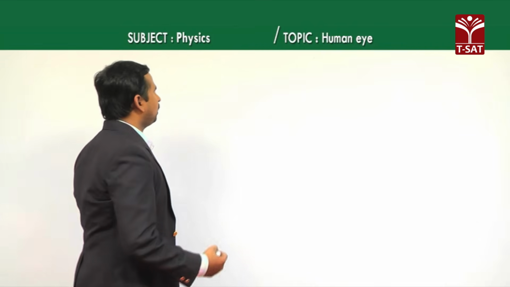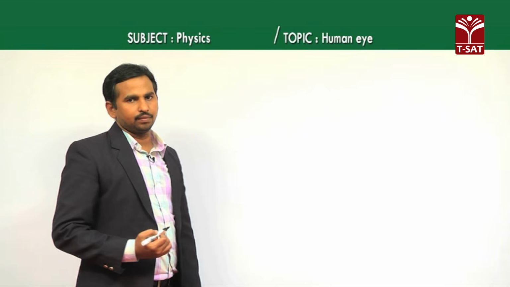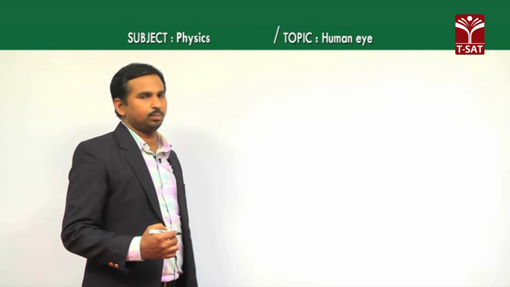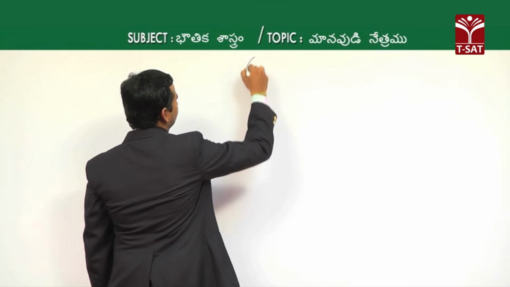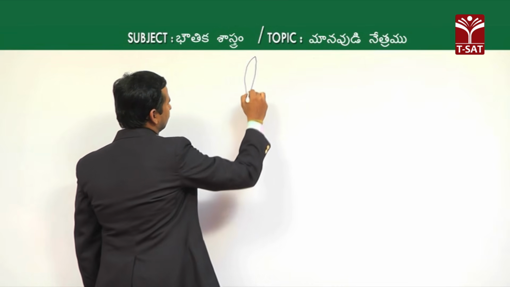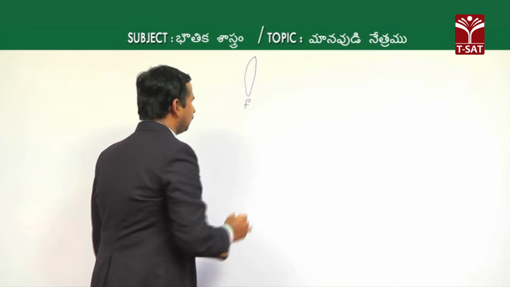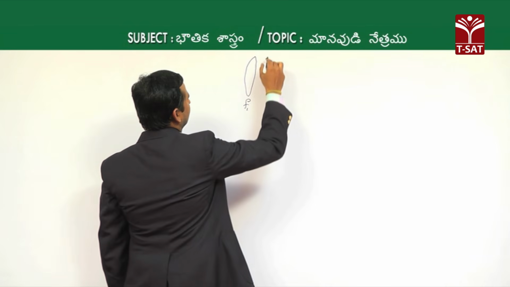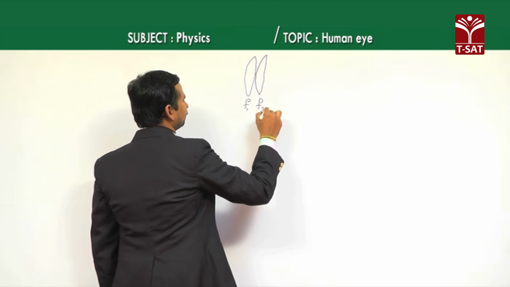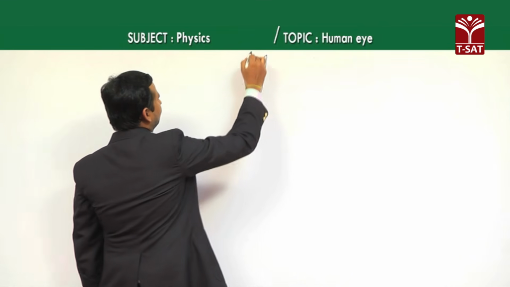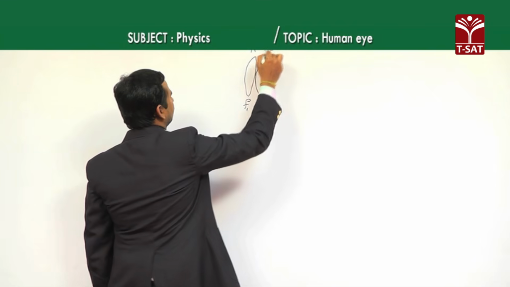Now, another important one about the power is when you are using two lenses at the same time. Let us suppose you have a convex lens with focal length f1, and another convex lens with focal length f2. This one has the power p1, this one has the power p2.